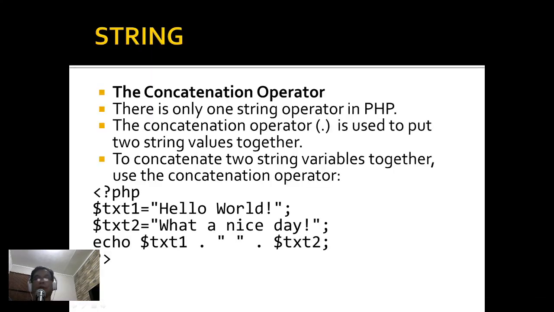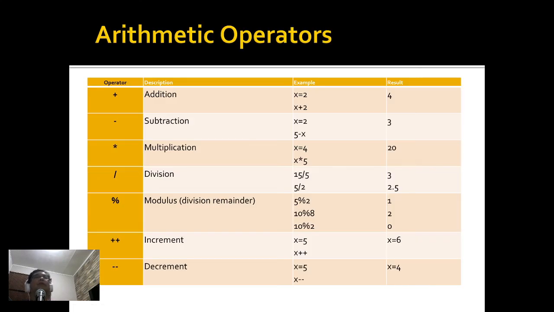Let's again continue with our presentation. Let's have a quick look at the arithmetic operators. These are arithmetic operators. We have plus, minus, asterisk for multiplication, slash for division, and the percent sign for modulus, which gives the remainder when we divide a number by another number.